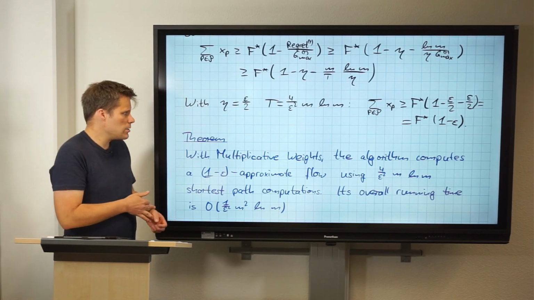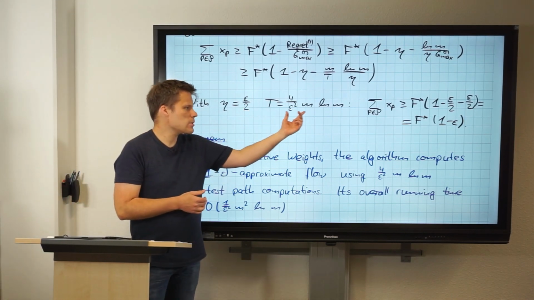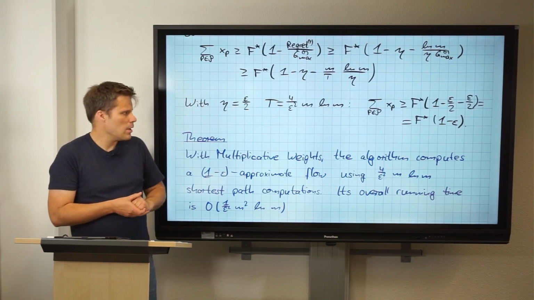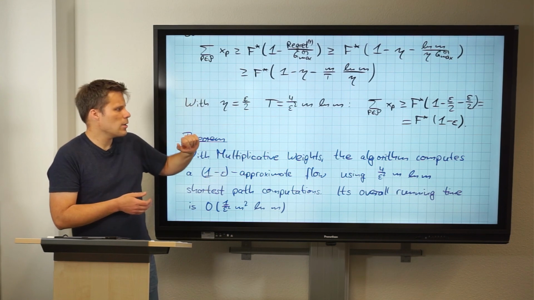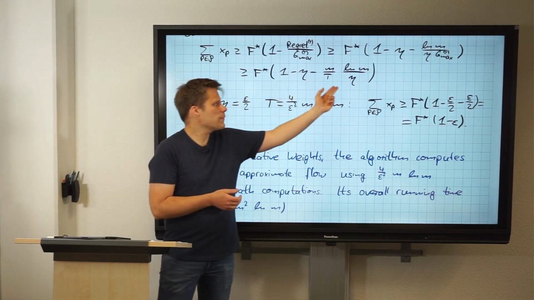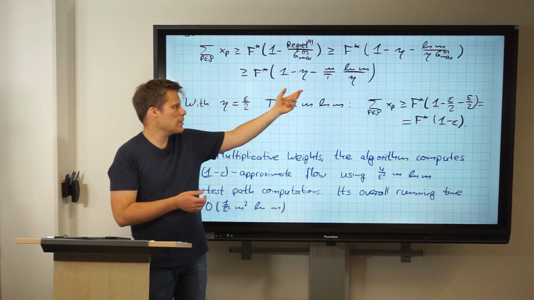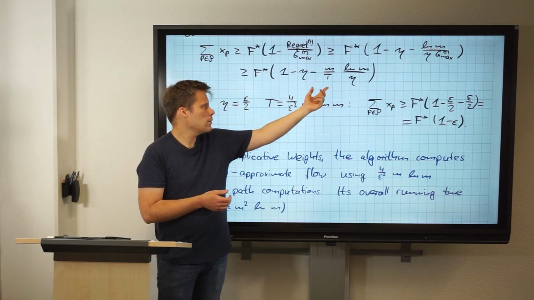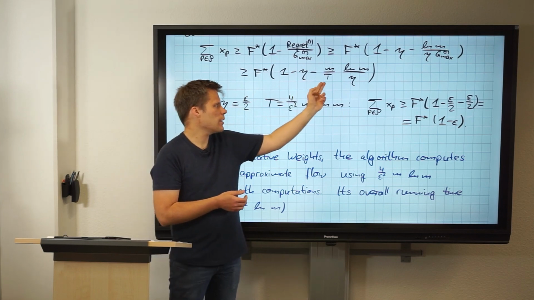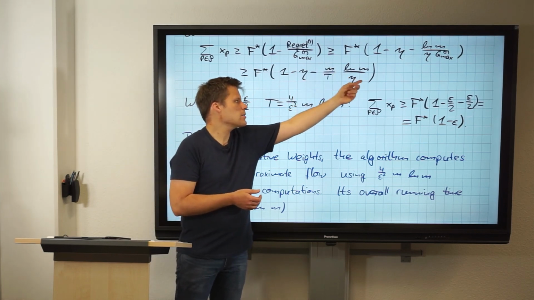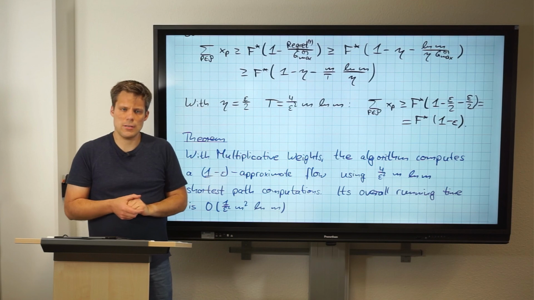And how many iterations do we have? Why did we choose the number of iterations like this? Well, just because the guarantee that we got was of this form, and here we then chose eta, so that this became epsilon over 2, and then we chose t, so that this also became epsilon over 2.